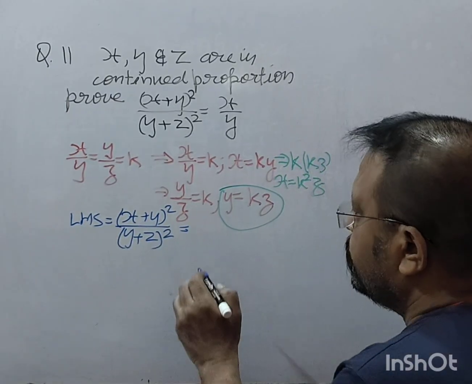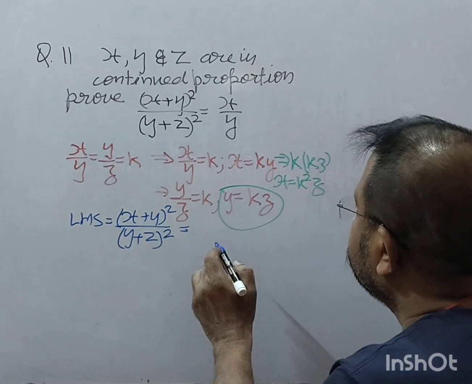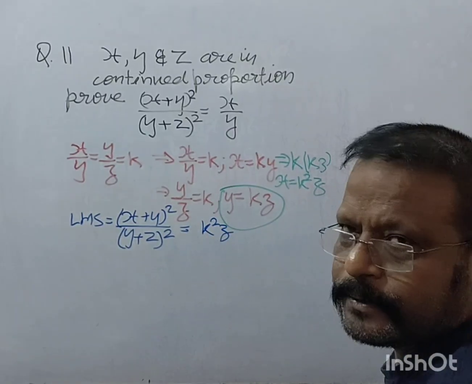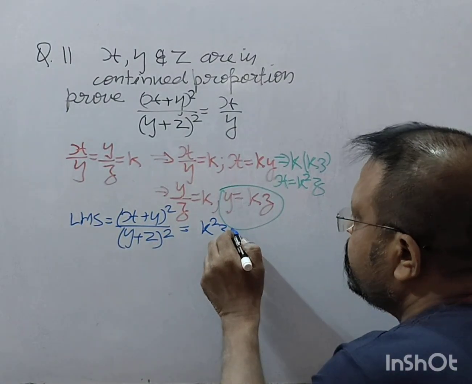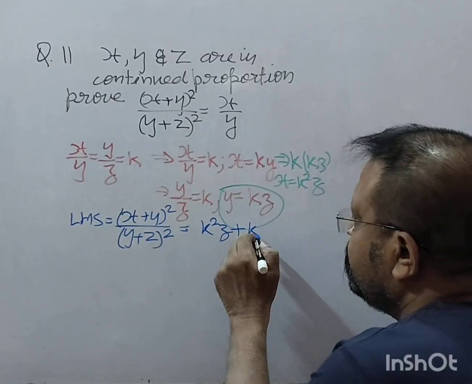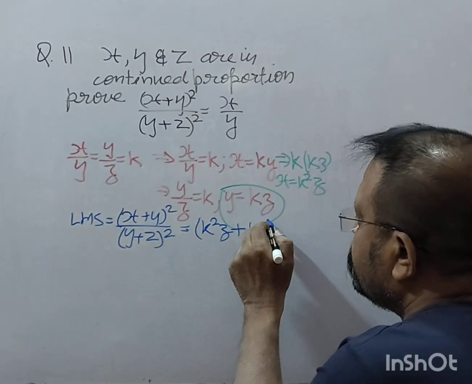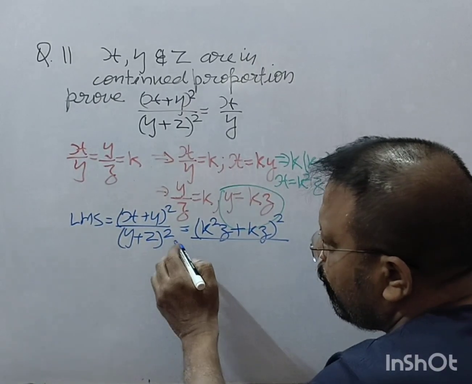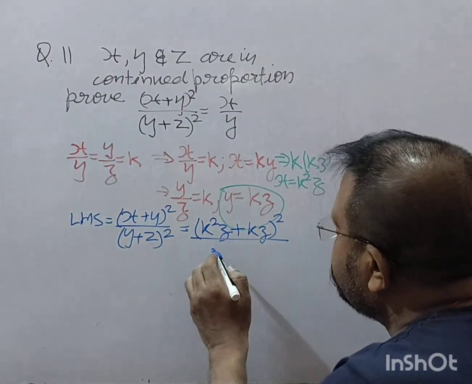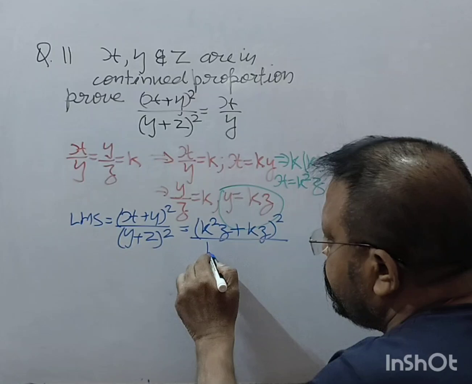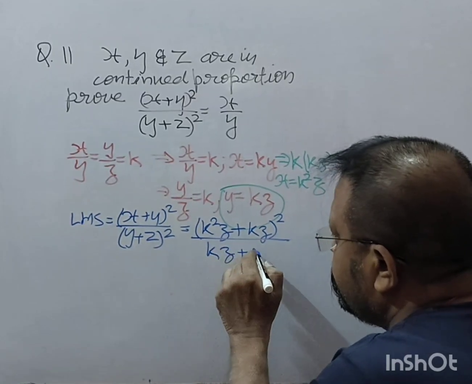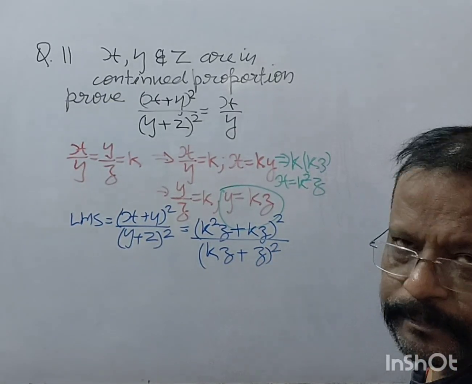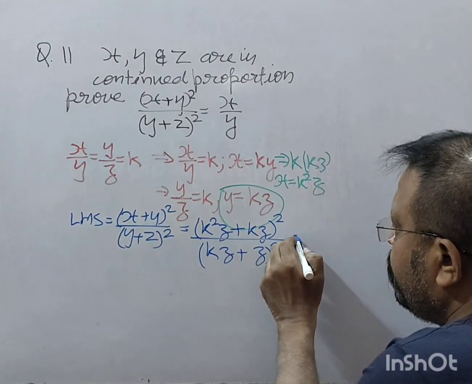What is the value of x? k square z, plus y is equal to kz, whole square, upon, y is equal to kz plus z whole square. You get it? Now what will you do?